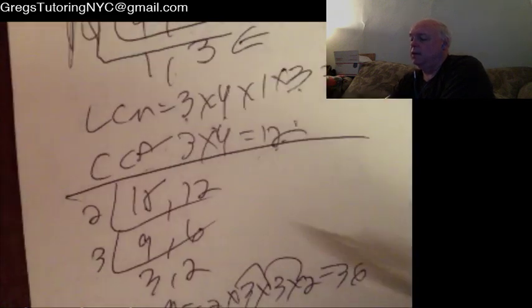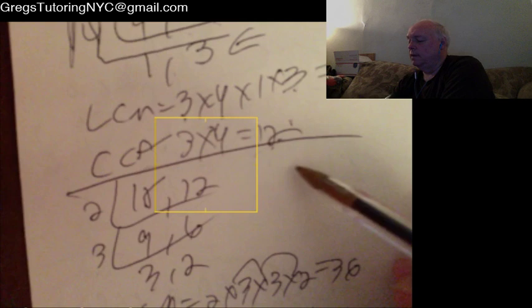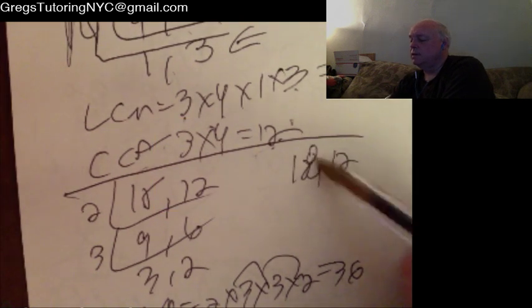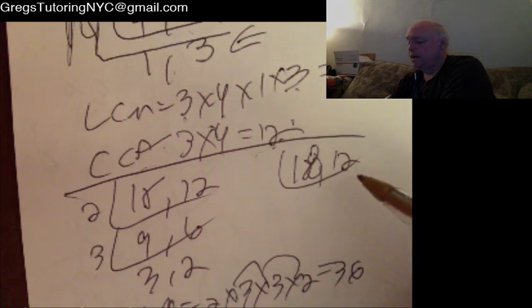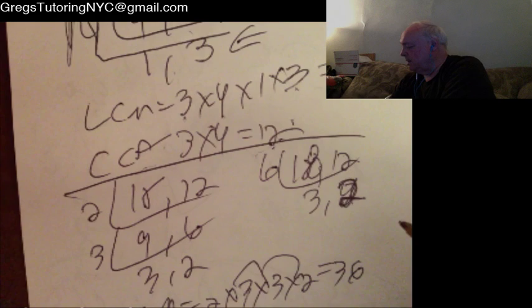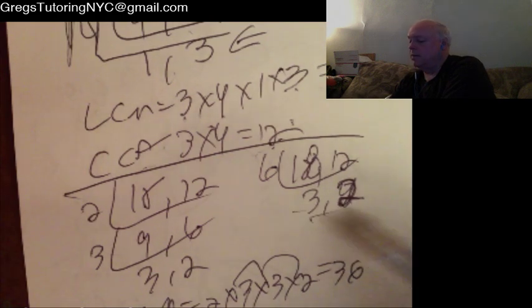And by the way, we could have done this another way. If I do the 18 and the 12 here, and again, it doesn't matter which order we put these in, if I just straight out started with 6, I get 3 and 4, right? No, sorry, I get 3 and 2, right? So be careful. I'm only done with primes here.